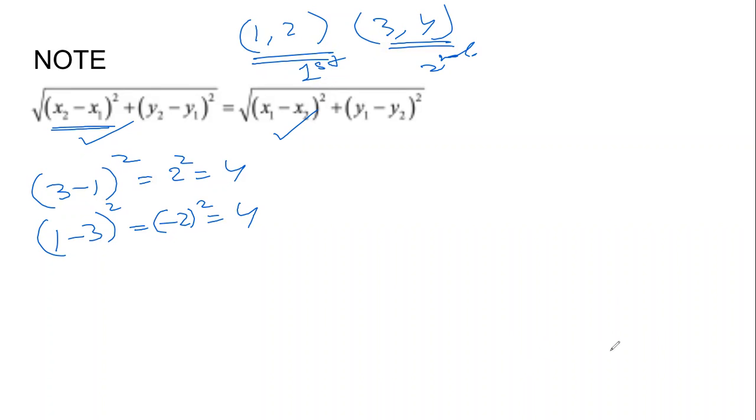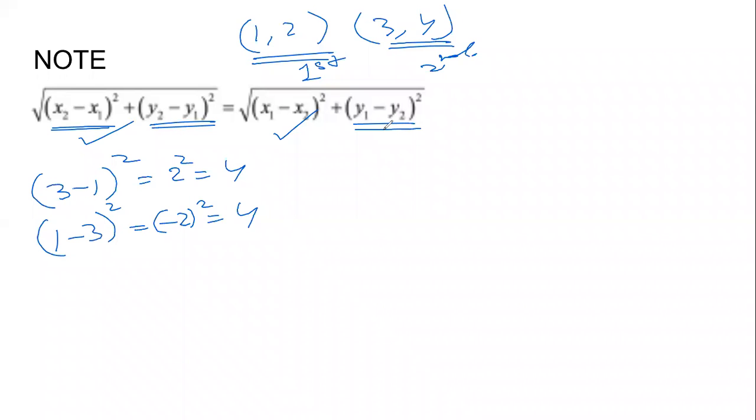It doesn't matter whether we subtract y2 from y1 or y1 from y2, because at the end of the day, we are squaring the difference. So whatever the difference is, whether it is positive or negative, when we square, it becomes positive. So instead of writing x2 minus x1 whole square plus y2 minus y1 whole square ka square root, we can also write x1 minus x2 whole square plus y1 minus y2 whole square ka square root.